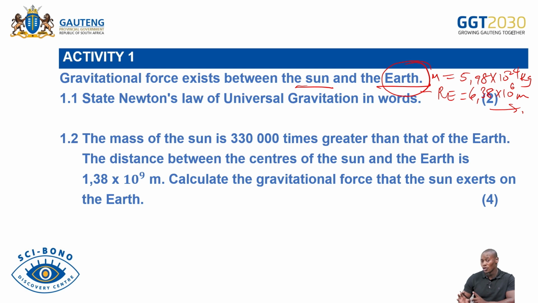Don't confuse Newton's law of universal gravitation with Coulomb's law. I know some of you are busy with Coulomb's law, with electrostatics, but let's not confuse the two laws. Sometimes the question will be on Newton's law of universal gravitation, but you will write an equation of Coulomb's law, F equals k Q1 Q2 over r squared. There we are dealing with charges.